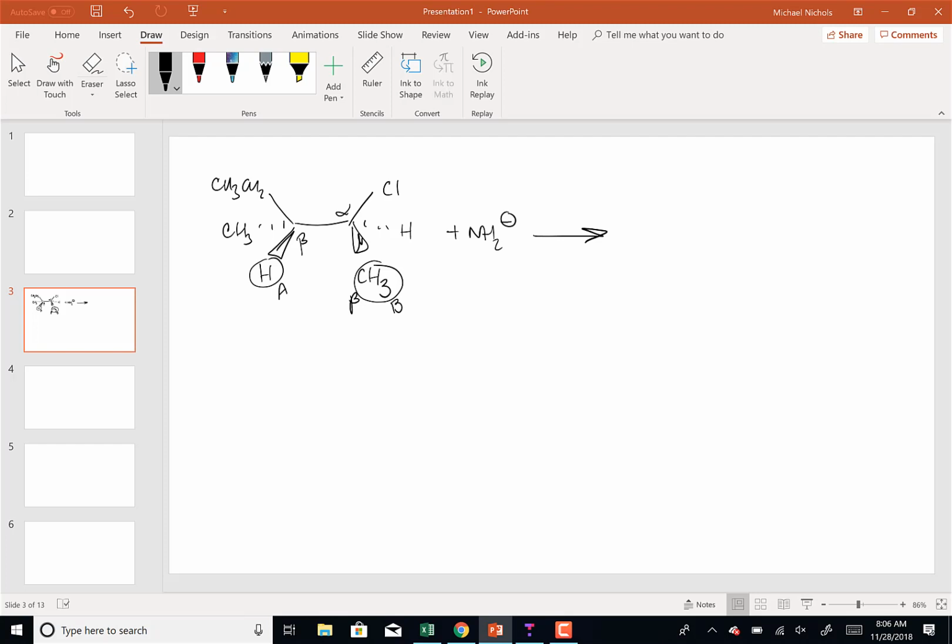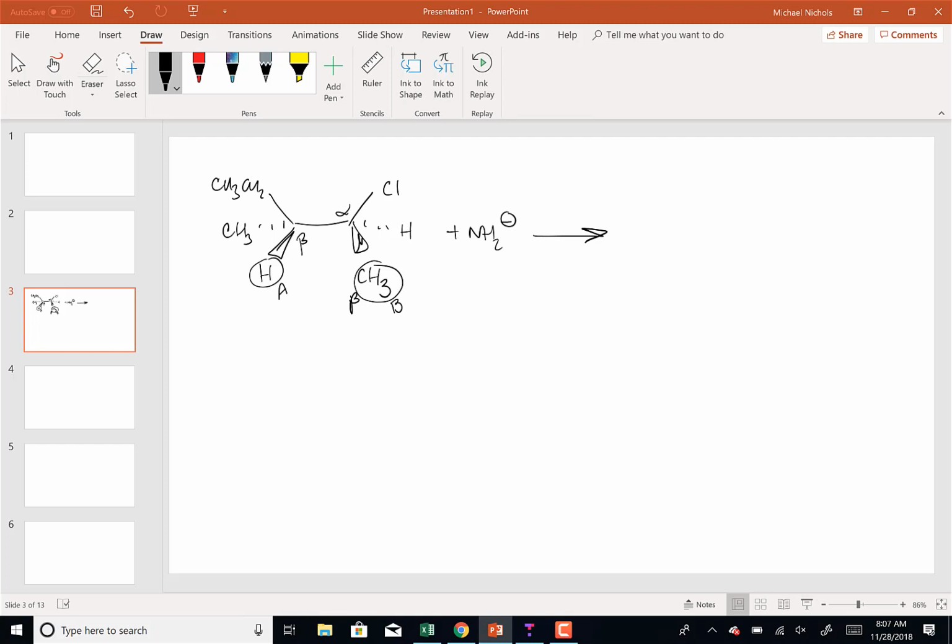So that means I'm going to remove A, but right now, A is not anti-periplanar to the chlorine. And we need to make it that way because the product is either going to have the methyl groups cis or the methyl groups trans. And only one of those 2 possible stereochemistries is going to form. So what do I need to do? I need to put the hydrogen into the anti-position compared to the chlorine.